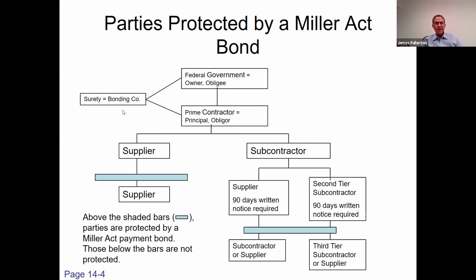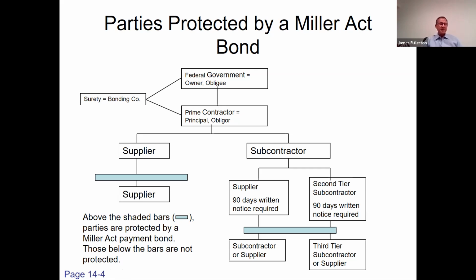The surety is also obligating themselves under the bond, and they have contractual obligations to the government and to the principal on the bond. So anybody who has a contract directly with the prime contractor has rights under the payment bond. That's always true.